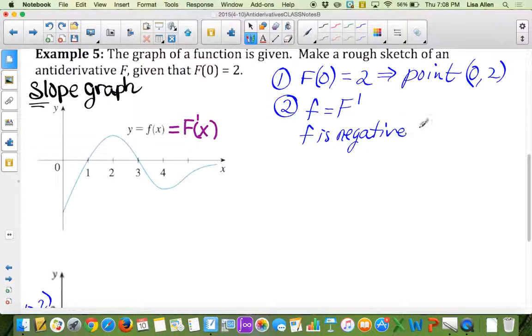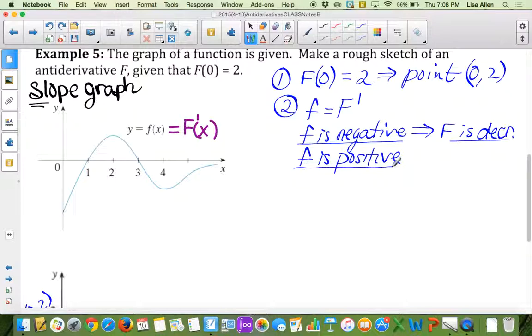That means that capital F, the antiderivative, is decreasing. So if f is negative, capital F is decreasing. If f is positive, you might be thinking, what does she mean by that? We'll get to that in a second. But if f is positive, that means capital F prime is positive, so that means capital F is increasing.